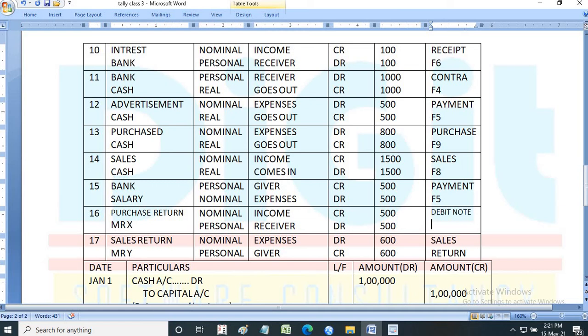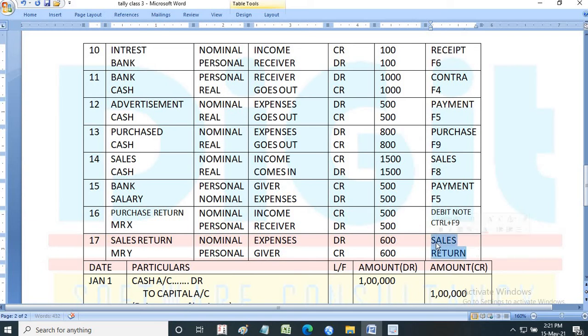So the debit note is the proper voucher for passing this entry. The shortcut for this is Ctrl plus F9. This is the button we have to press to bring this on screen.